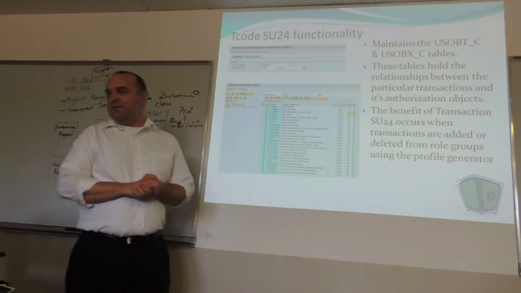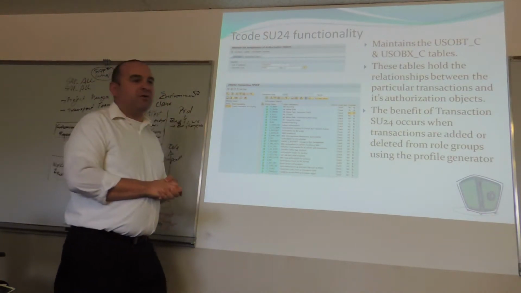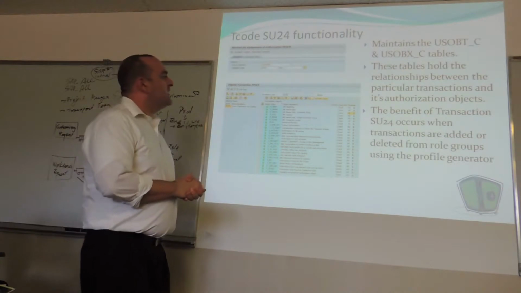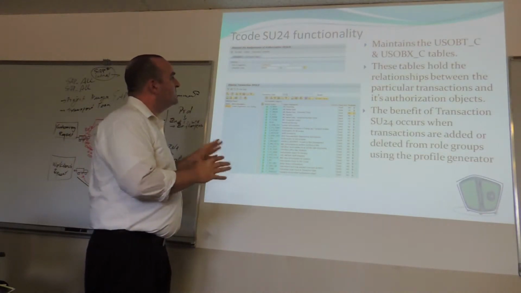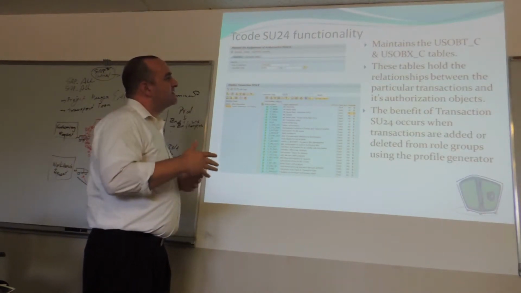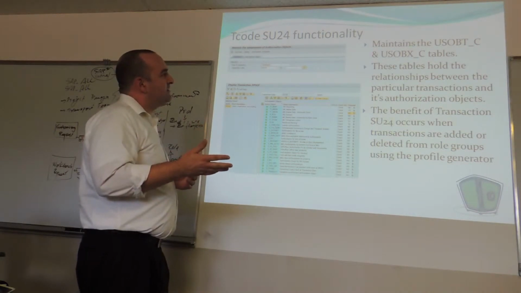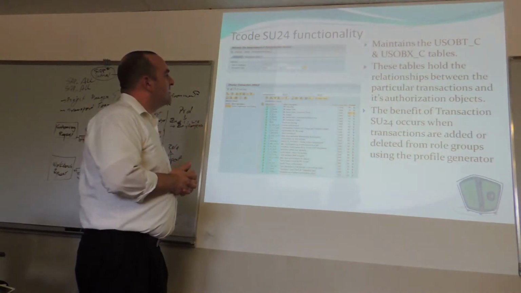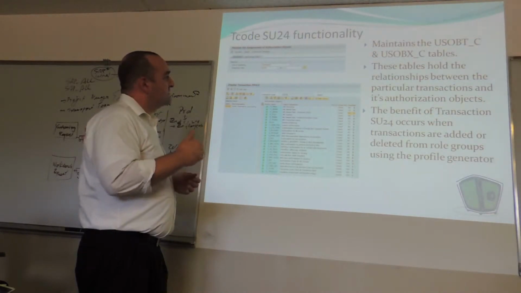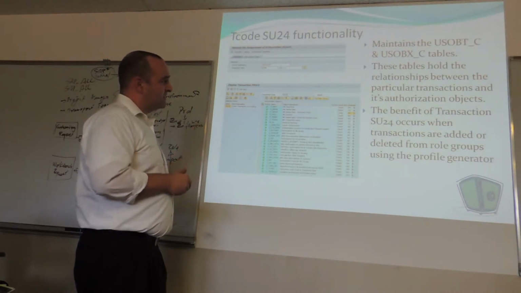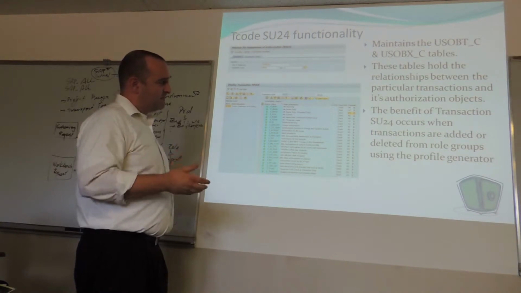Now for SU24, like I said, the functionality of it is that it maintains the tables USOBT_C and USOBX_C. These tables hold the relationships between the particular transactions and their authorization objects.